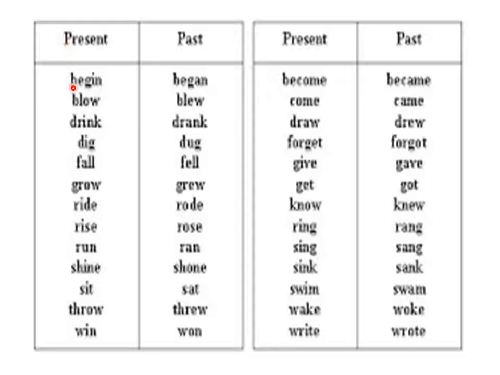In the present, like begin, in the past we say began. Blow, blew. Drink, drank. Dig, dug. Fall, fell. Grow, grew. Ride, rode. Rise, rose. Run, ran. Shine, shone. Sit, sat. Throw, threw.